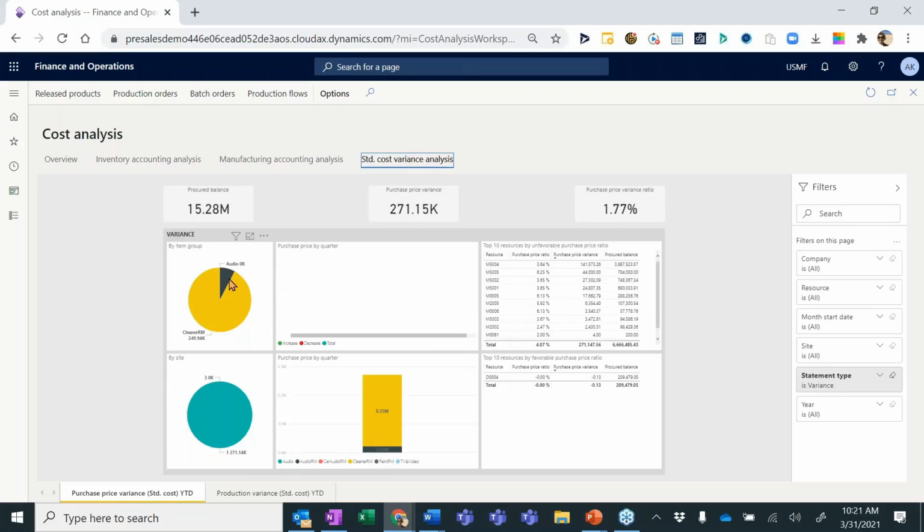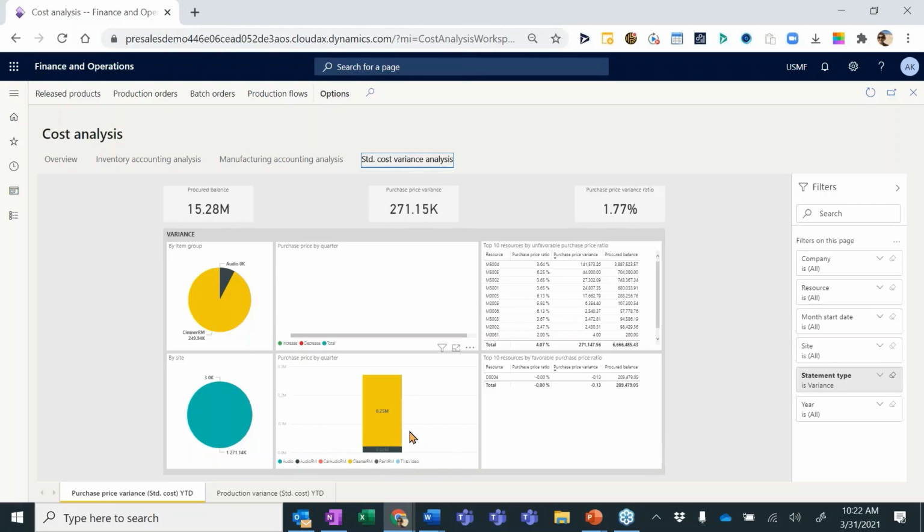This graph is taking this pie chart here, so the blue and the yellow, and it's looking at it by quarter. So I can see by my item groups, which item groups are running less true to standard. So those of you that have been in the steel industry or anything that uses wood, we've all been struggling to keep up to date with those almost inflationary cost increases on those raw materials.